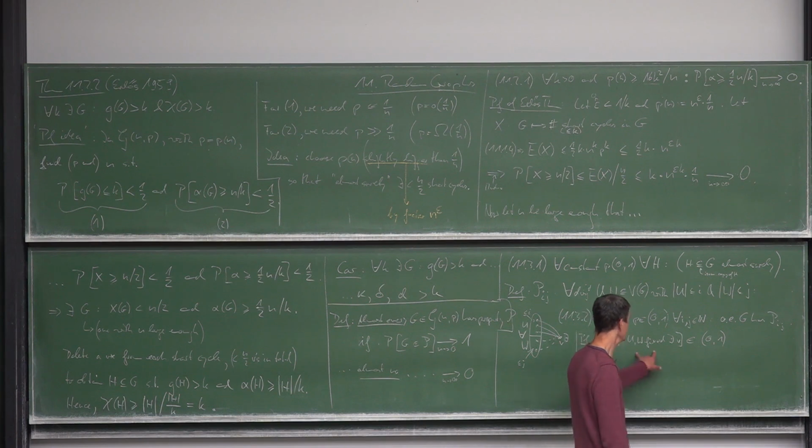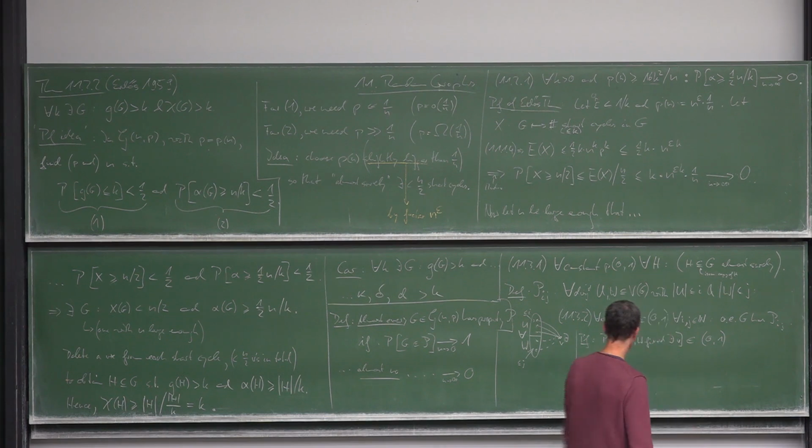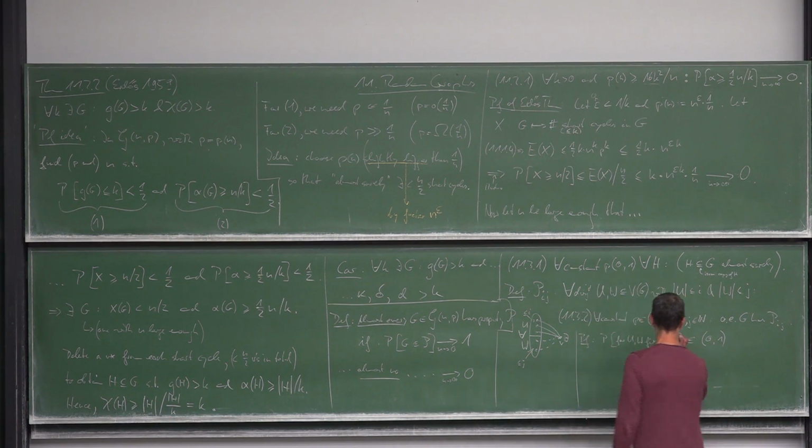So the probability for U and W fixed that there is a good v, sorry, not that there is a good v. I want a fixed v to start with.